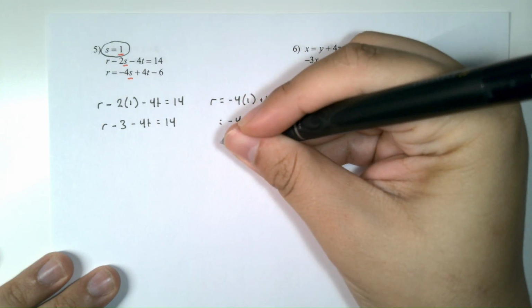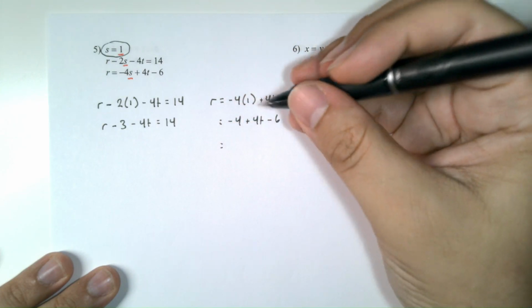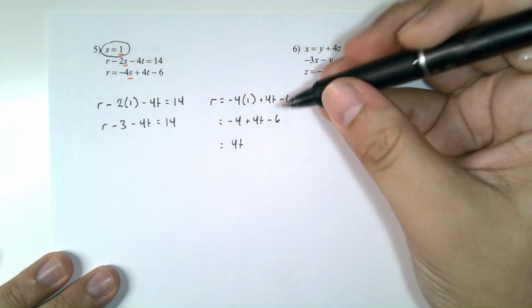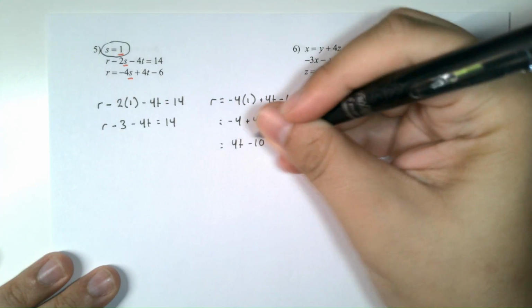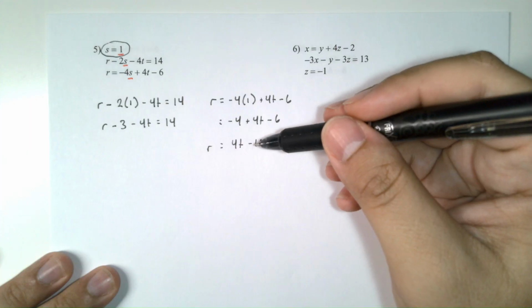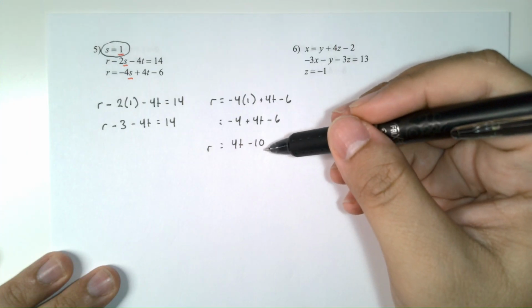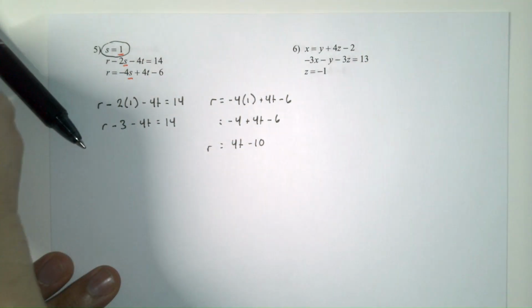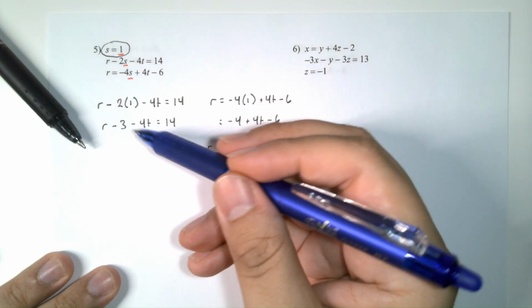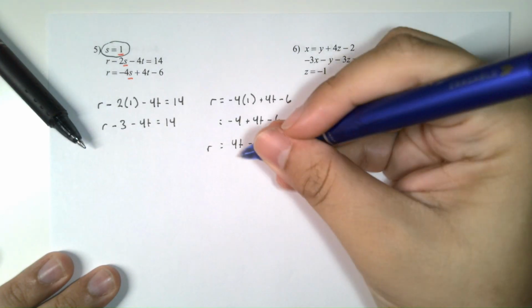And then if I combine like terms, I'll write the t first. So I have 4t, and then negative 4 minus 6 is going to be minus 10. So I know that r is equal to 4t minus 10. And we also have, from the first equation, r minus 3 minus 4t is equal to 14.